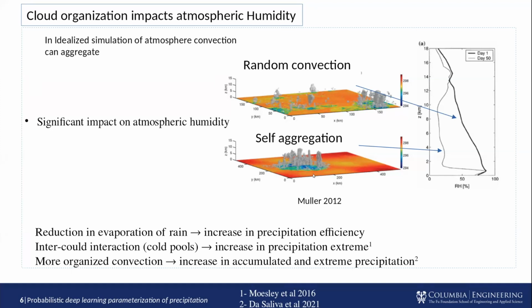Now, if we are in a GCM, we are somewhere between these two cases. Organization can have any degree from strongly organized to very randomly distributed. While the parameterization of convection usually assumes an ensemble of randomly distributed convection, so they do not include any interaction between clouds.